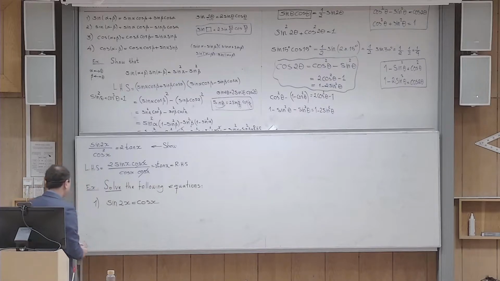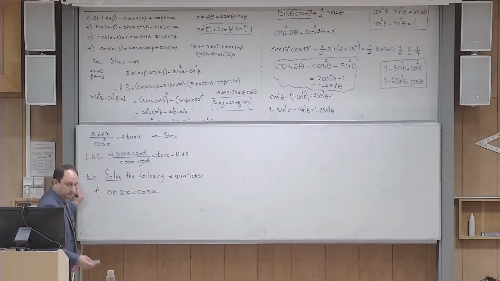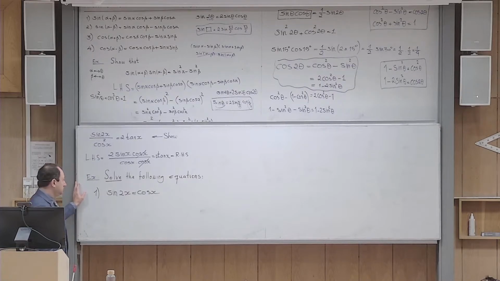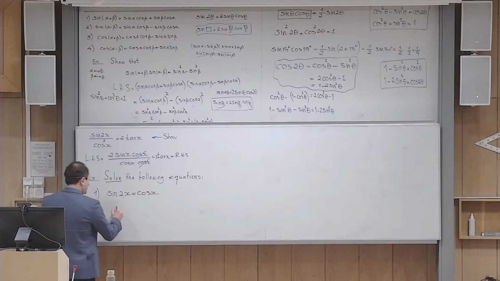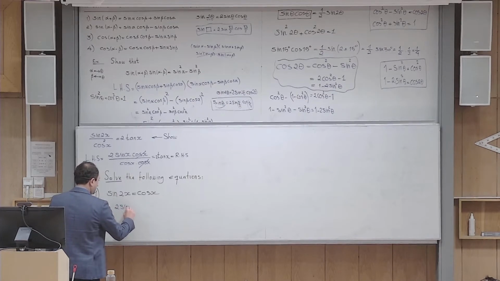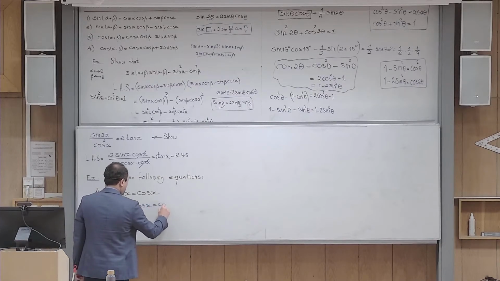Okay. So what am I supposed to do? Do you have any idea? Again, probably you understand what is supposed to be done. This is the double angle formula, so I use it. So this becomes 2 sine x cosine x, and this equals cosine x.